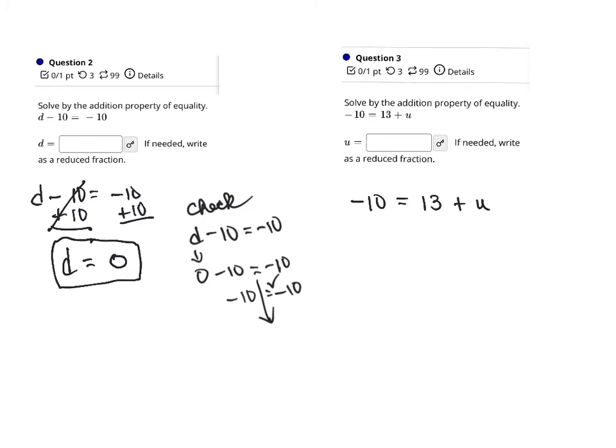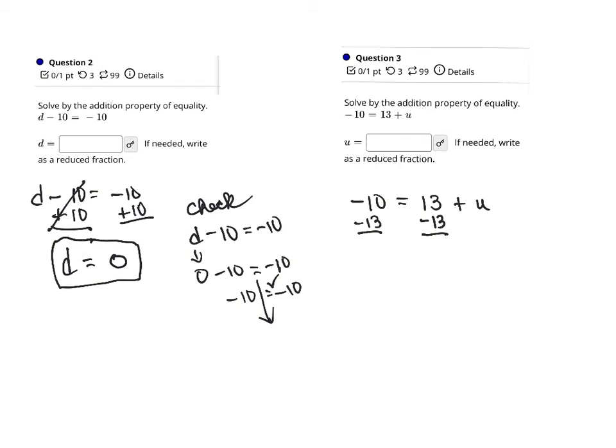Number 3 here. We're solving for u. Now, this time the u is on the right side. That's okay. We can move everything around and have the u on the left, or we can just subtract the 13 from both sides. Because it's a positive 13 plus u, we want to do the opposite. We want to subtract.